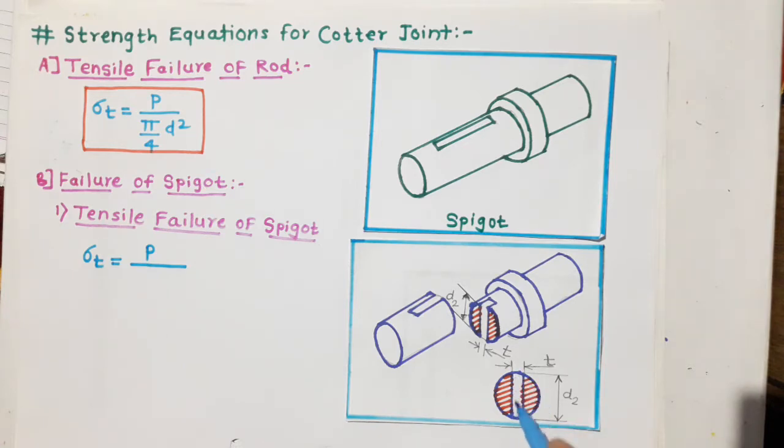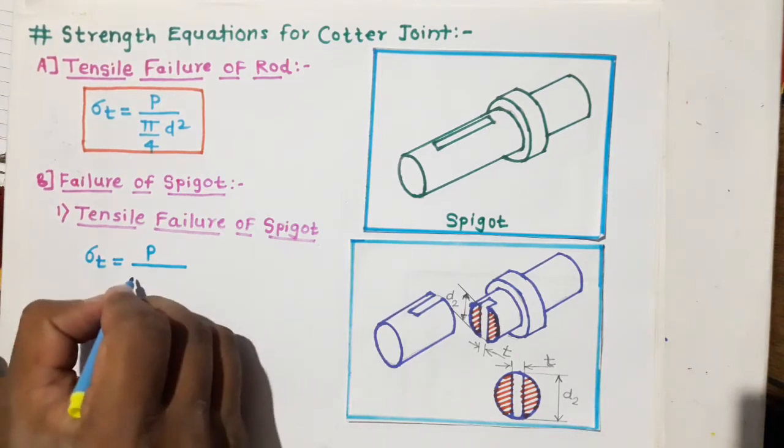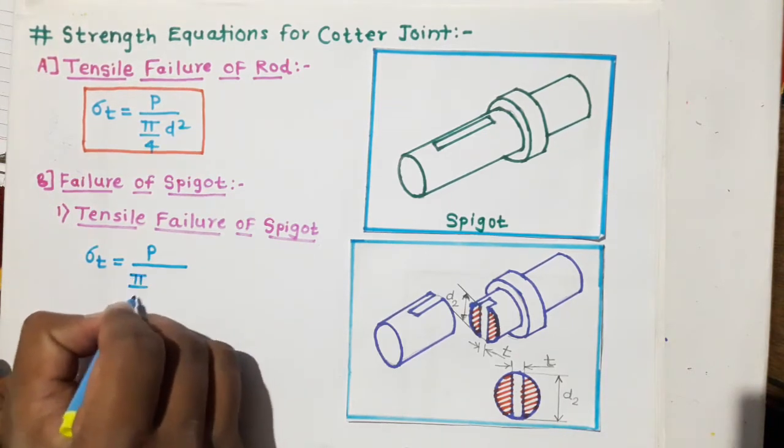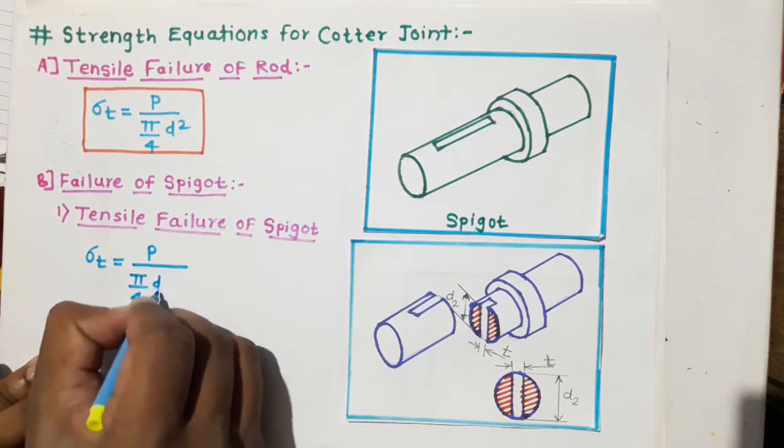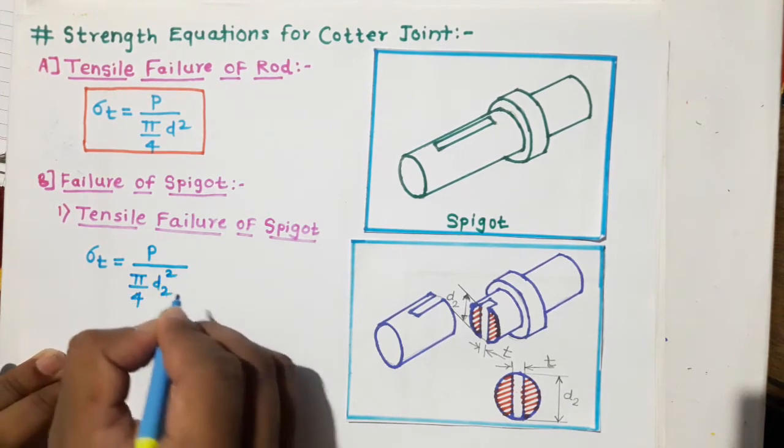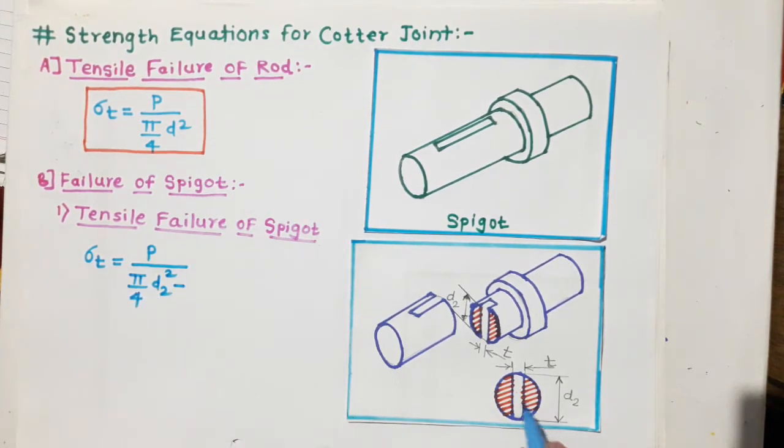We have to subtract this rectangular area from the area of the circle. So the area of the circle is pi by 4 d2 square, and we have to subtract the area of the slot because as there is no material here, there is no stress. So we subtract the area of this slot having height d2 and thickness t.